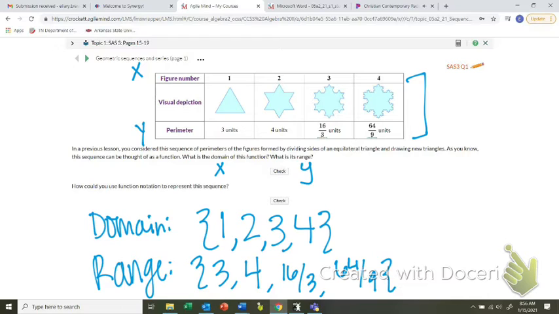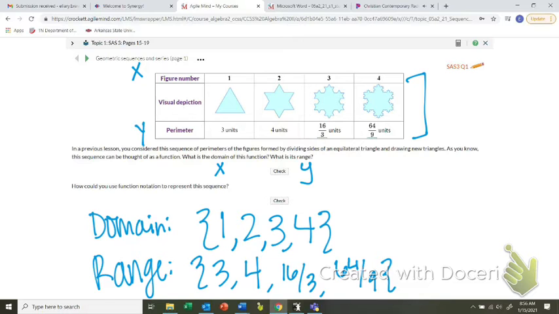So question on what a domain is and what a range is. All right, now if domain is X and we are just given a graph, are we going to look left to right for the domain or bottom to top? Left to right. We're going to look left to right because it is X value. Remember, X runs this way, okay? If it's a range, we're going to look from the bottom to the top.